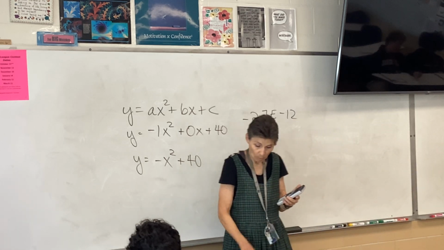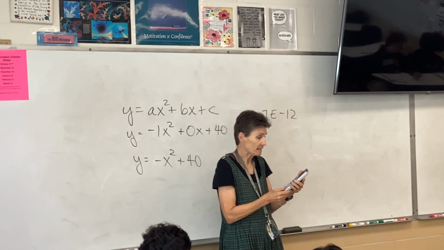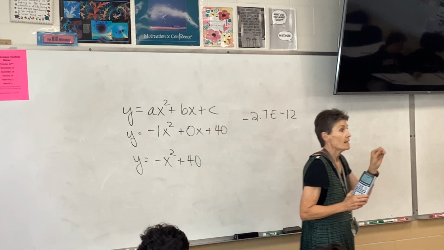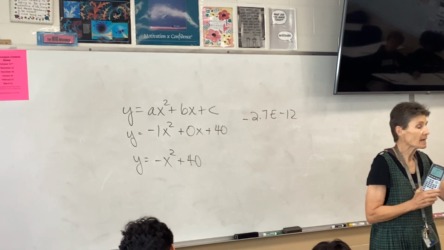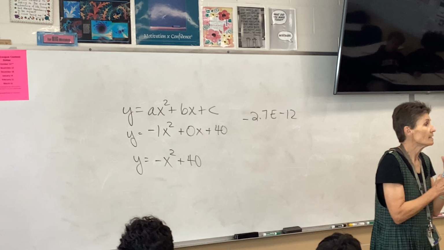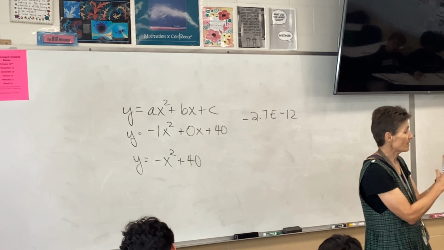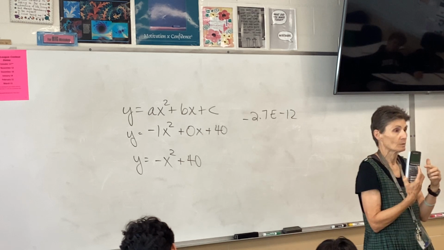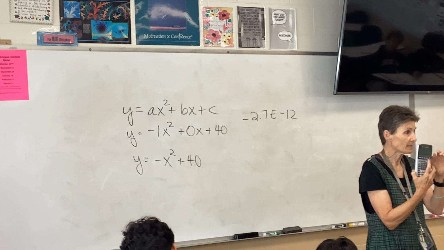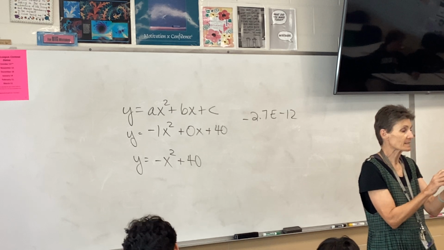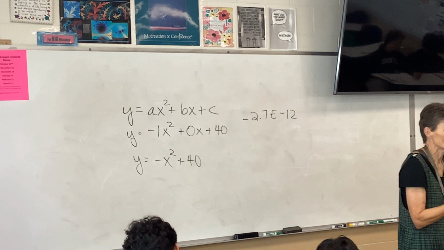All right. Now, let's put our points in. So we go to Stat, Edit. Now, everybody should have stuff in L1, L2. You can type over those if you want. Let me tell you how to clear them in case you have too many to type over. If you highlight L2, so take your arrow button up so L2 is highlighted, and then you press clear and enter, it will clear out that column.